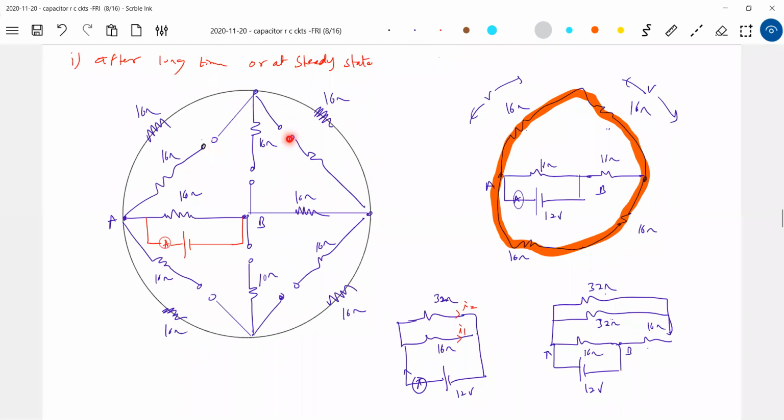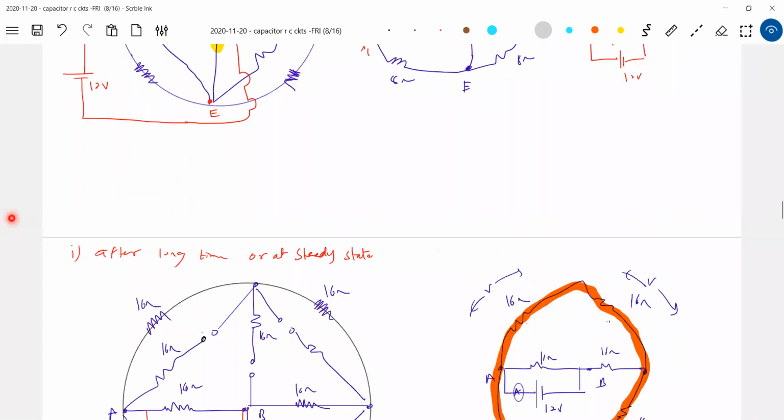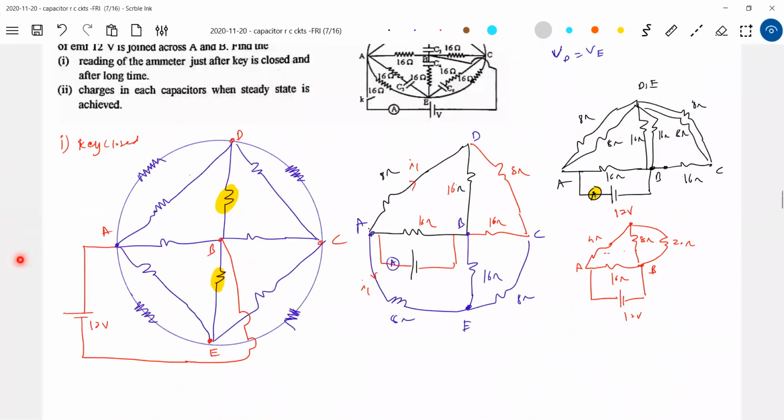Am I right? And what you do for this capacitor will be the same for these three. And these two, what you do for this capacitor will be the same for this capacitor. Somebody has commented, let's see, 32 by 2.